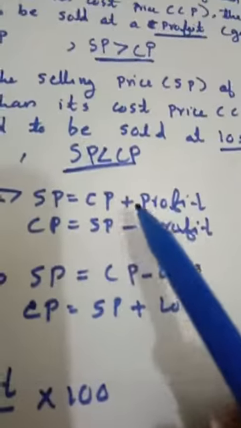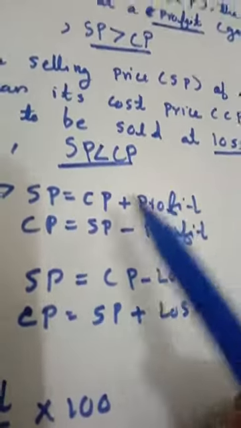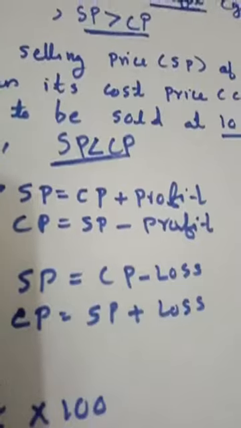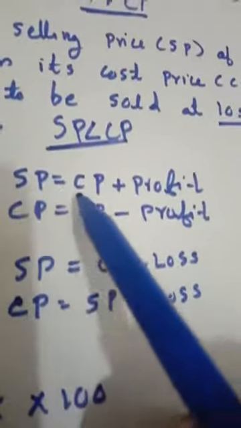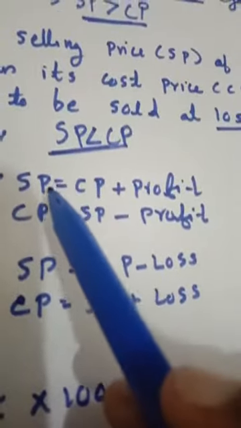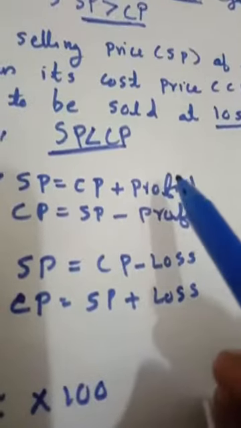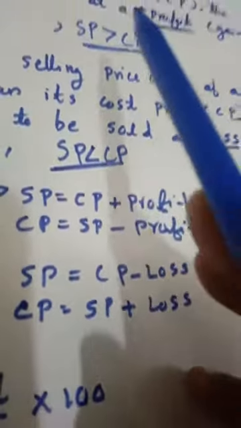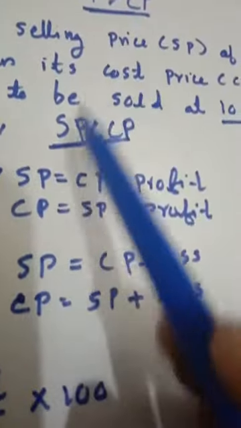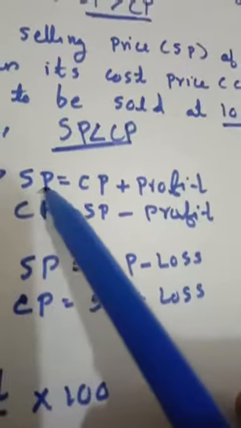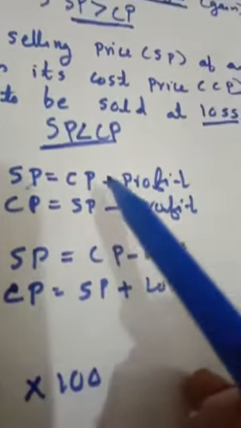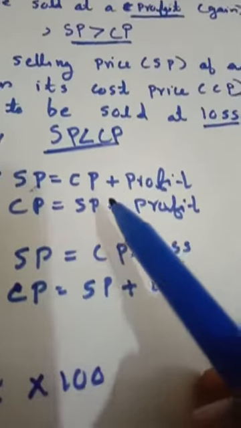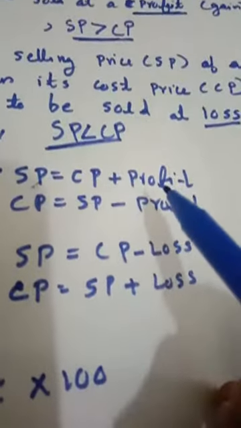SP is equal to CP plus profit. You just add it, because in the case of profit, SP is greater than CP.